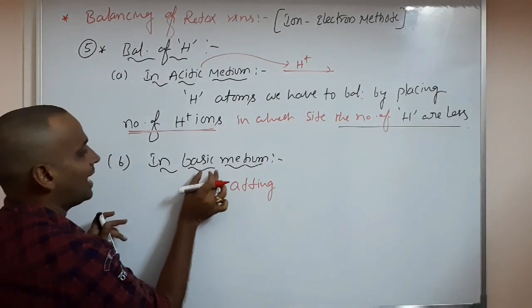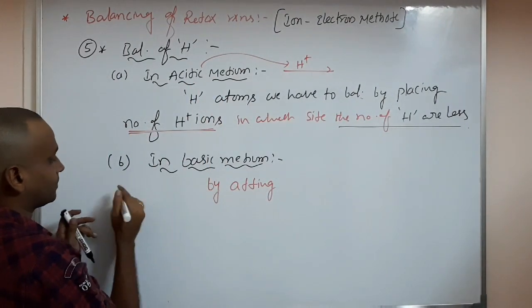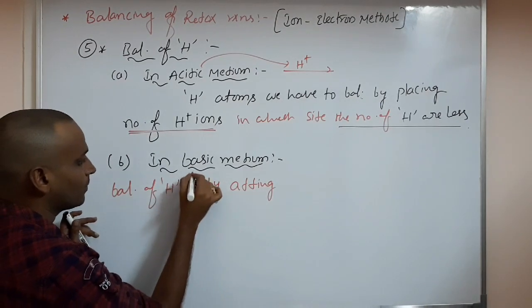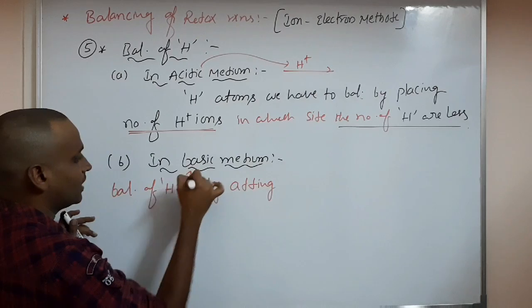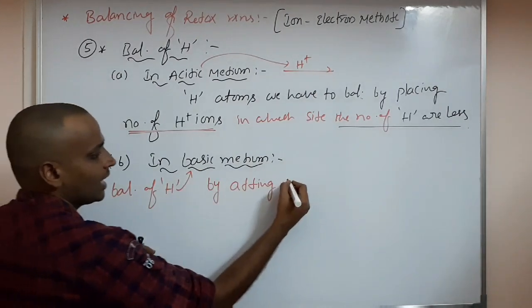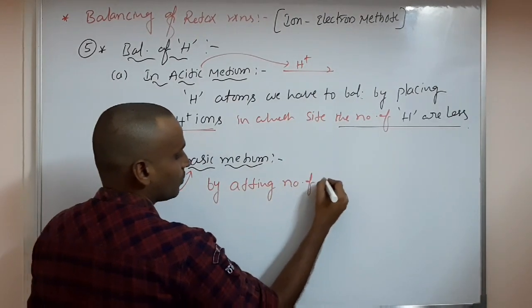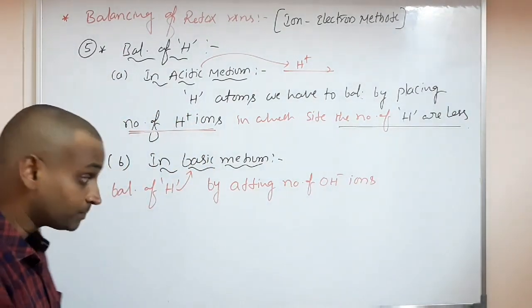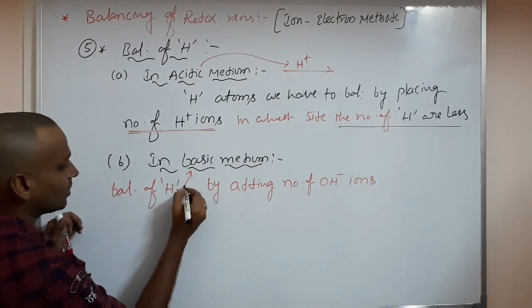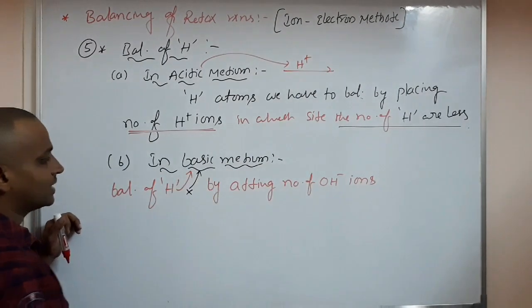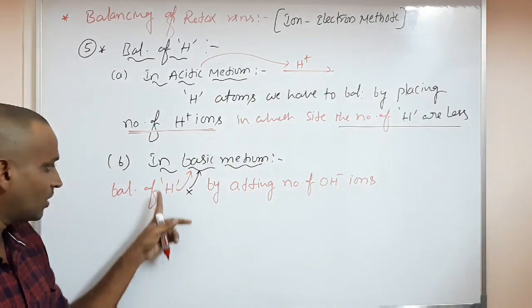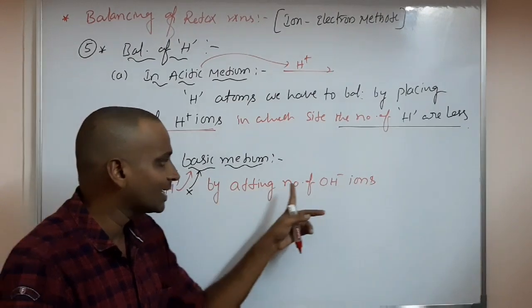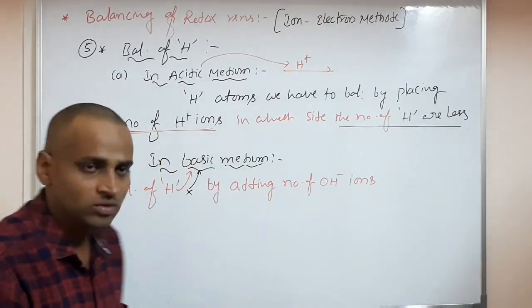Balancing of hydrogen in basic medium we will do by adding the number of OH minus ions.